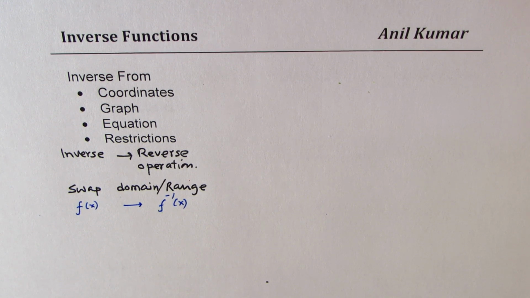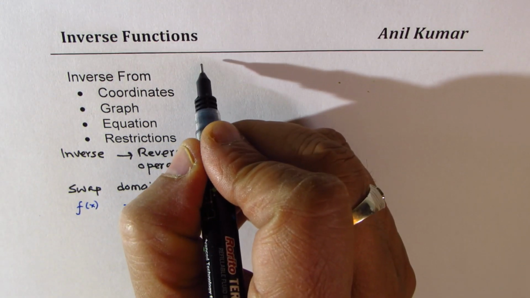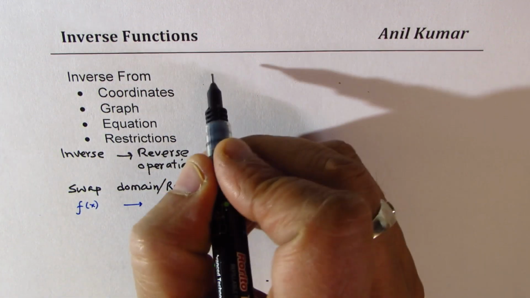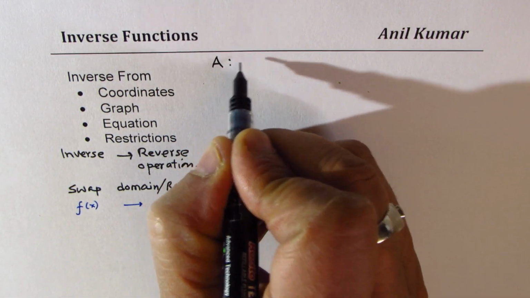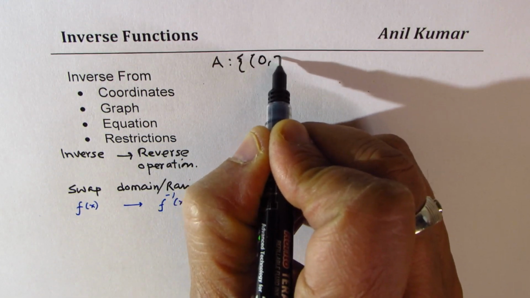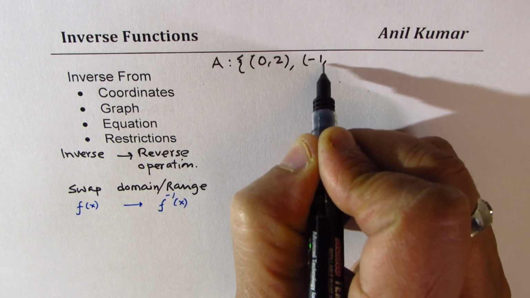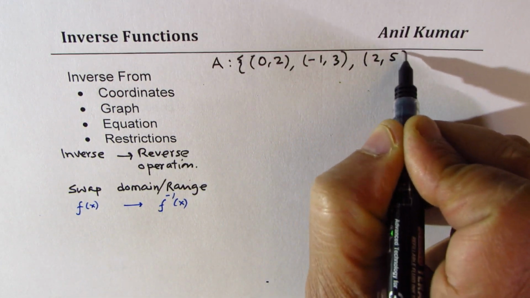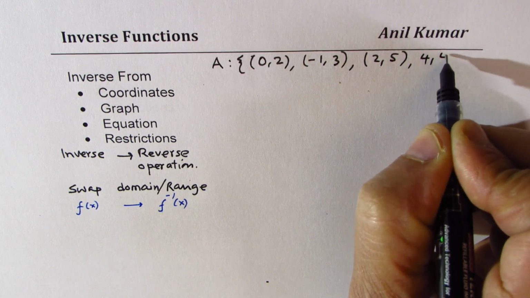So let's take the first example with coordinate points. So we have these kind of examples. We'll take coordinate points. Let's say we have a function which is written as, let's say, (0, 2), (-1, 3), no particular order. I'm just writing some random values, okay? And let's say (4, 4).